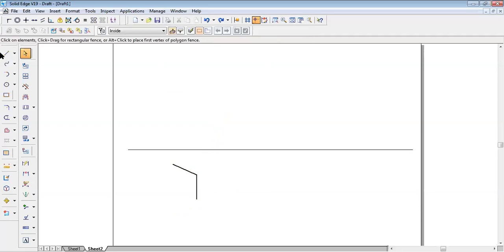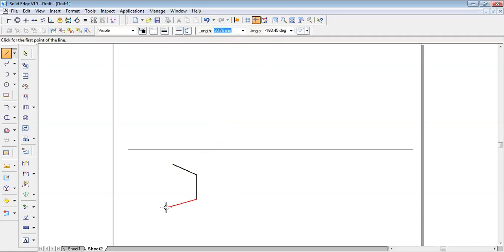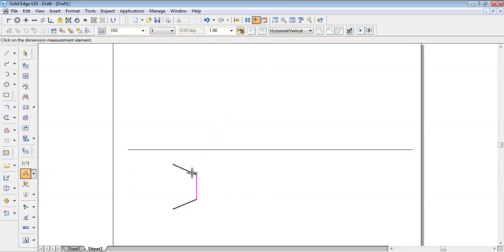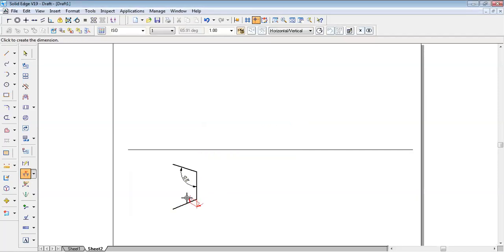The inside angle should be 108, as I already told you, and here also the inside angle should be 108.